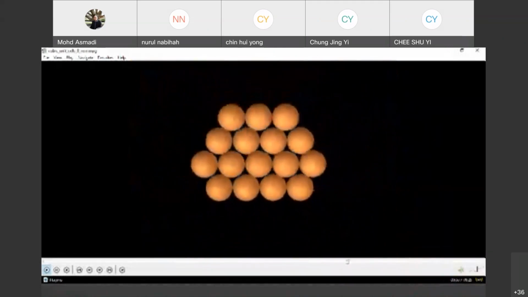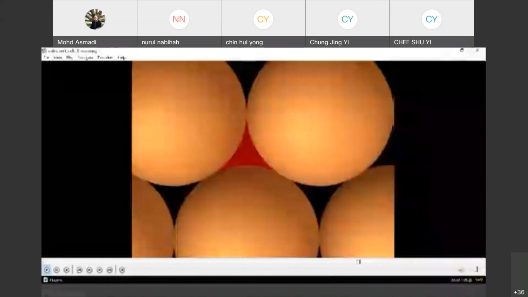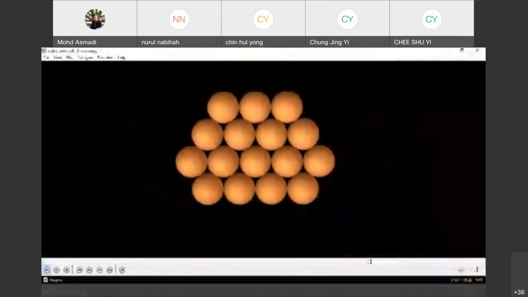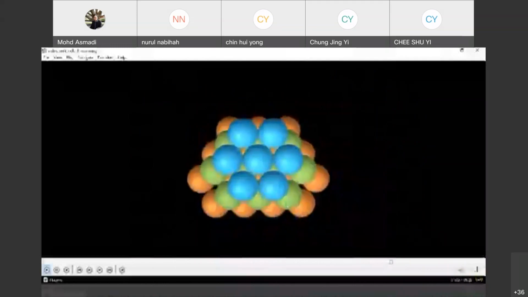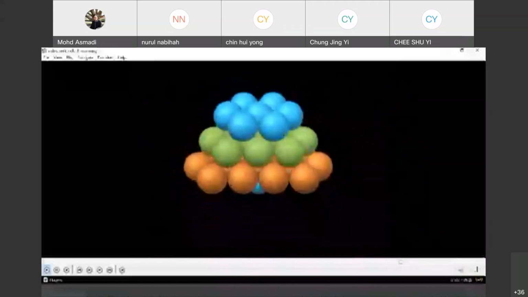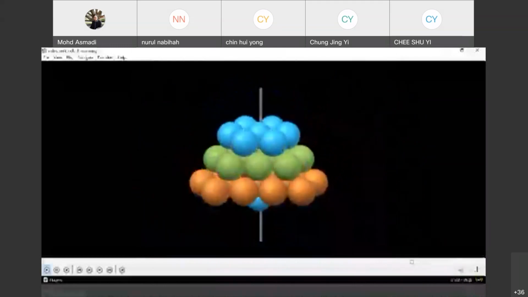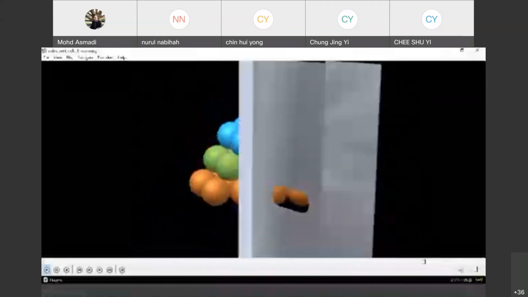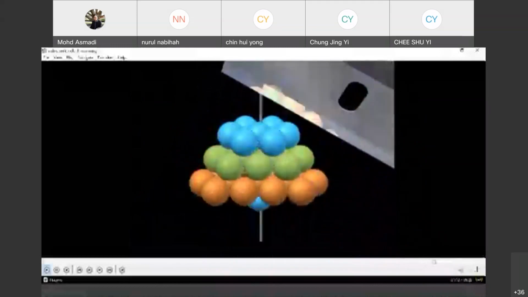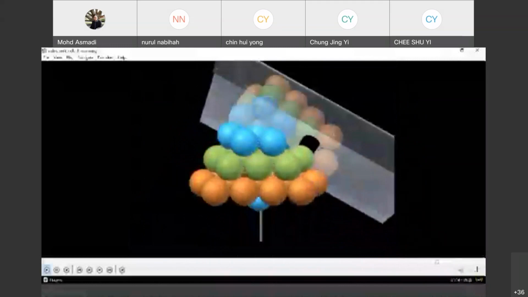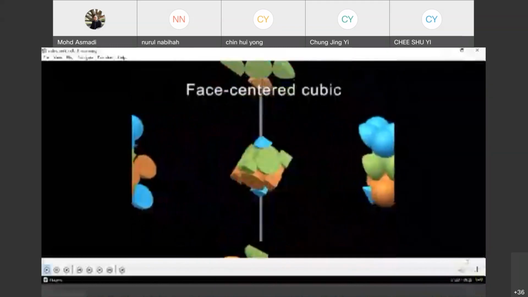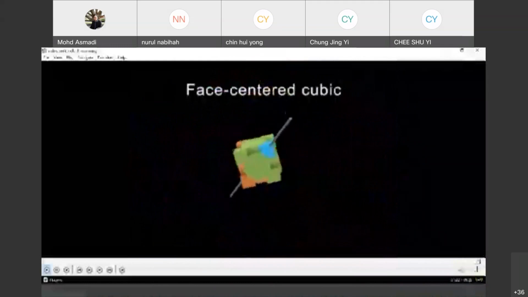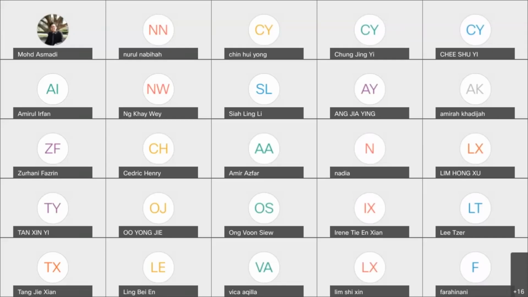So there's a void. It's like a slip, right? So the void is reduced for the FCC compared with the BCC and SC. Face centered cubic.